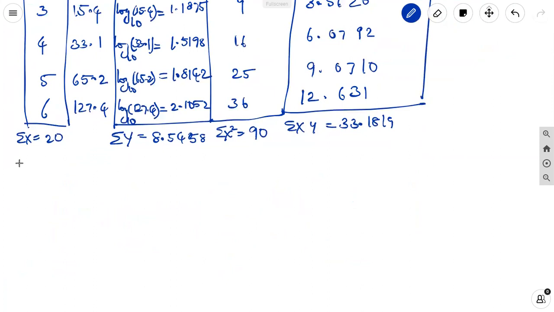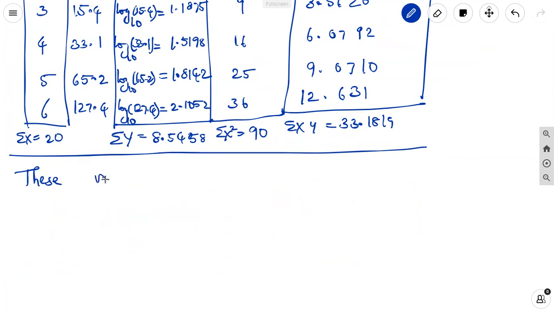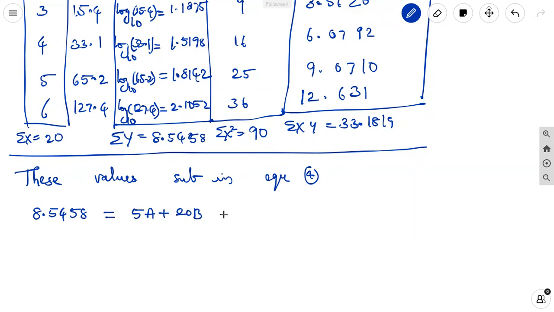So these values are substituted in equation 4. Sigma Y equal to 8.5458 equal to n is 5A plus B sigma X, that is 20B. It is equation 5. And sigma XY is 33.1819 equal to sigma X means 20A plus sigma X square is 90B.